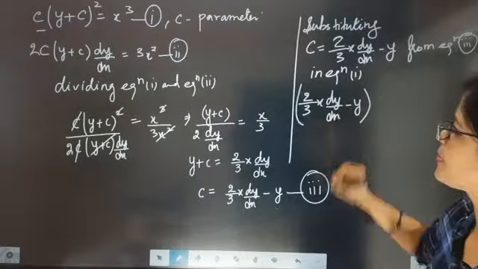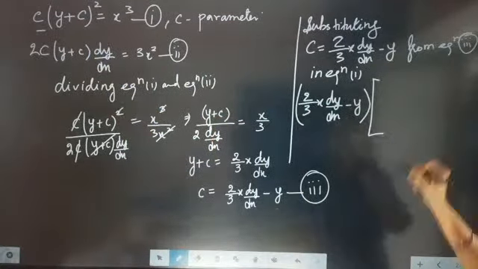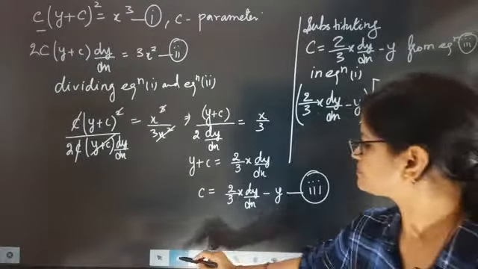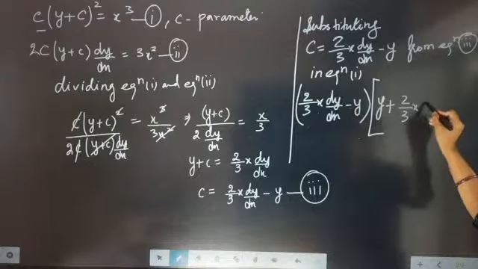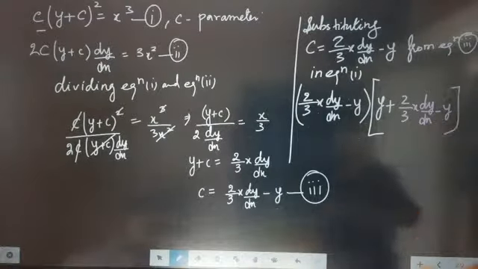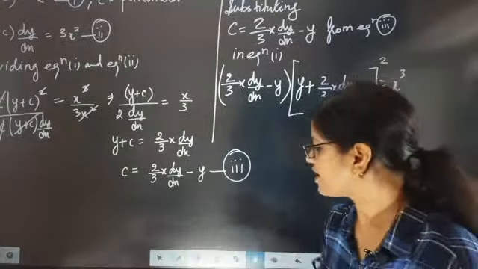So this is c, and now y plus c is there. In the y plus c section, y plus 2 by 3x dy by dx minus y, and here whole square is there, x cube. So first jackpot is it is independent of the parameter.